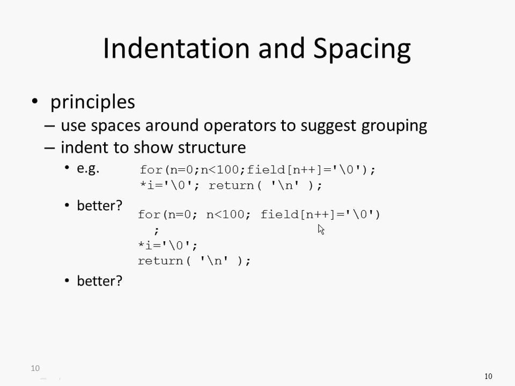Anyone? How could we simplify that task so there's not as much chance that this would be confusing to someone? Where else can things get updated within a for statement commonly? In the body of the for, yeah. So here we go. This is a much more standard idiomatic notation.